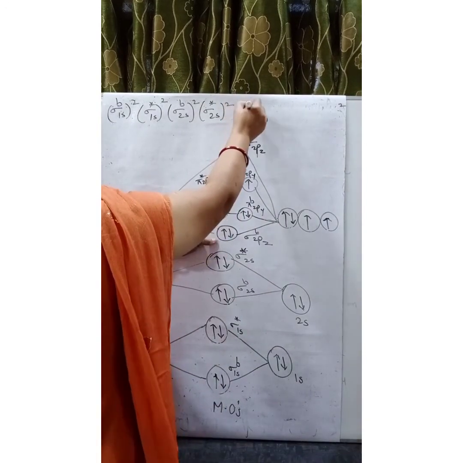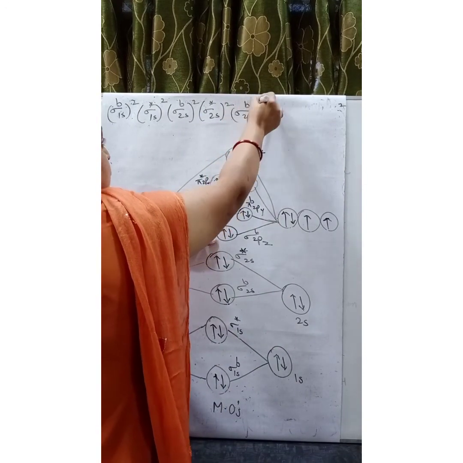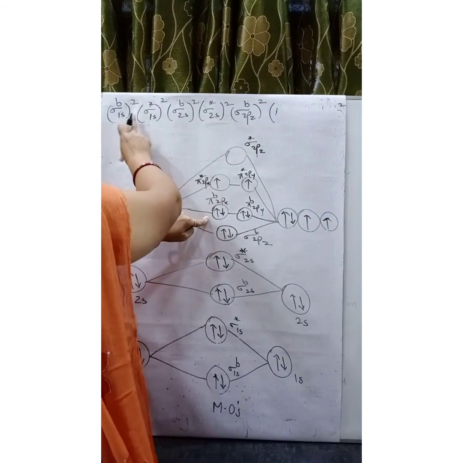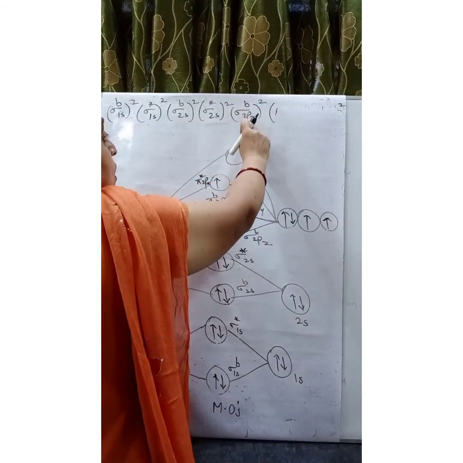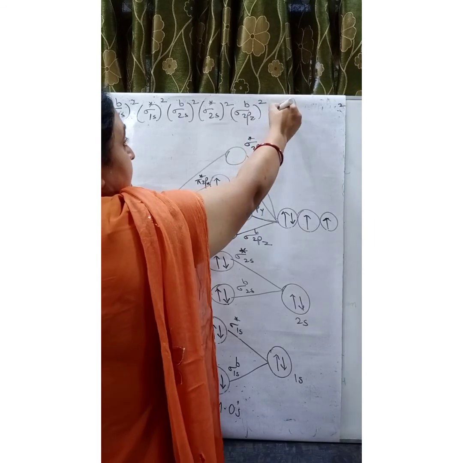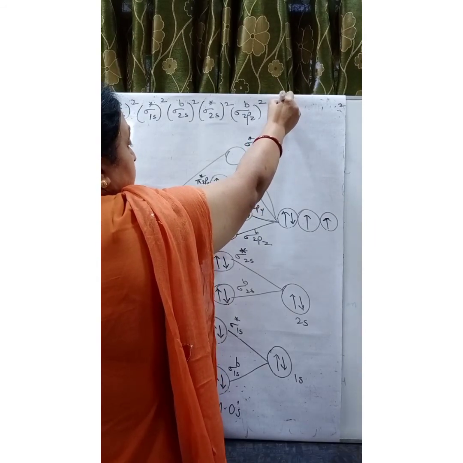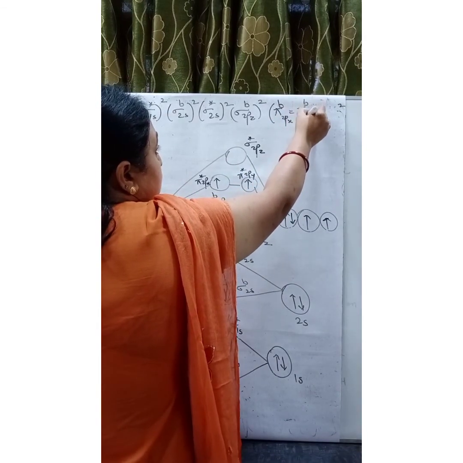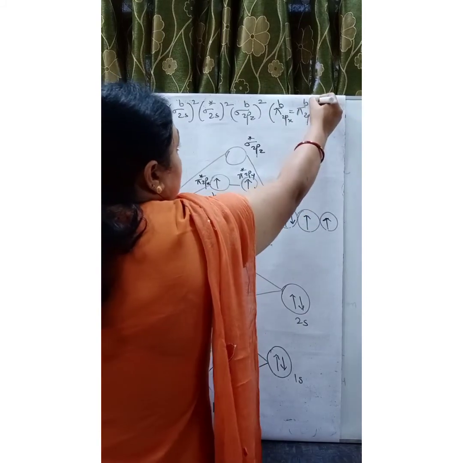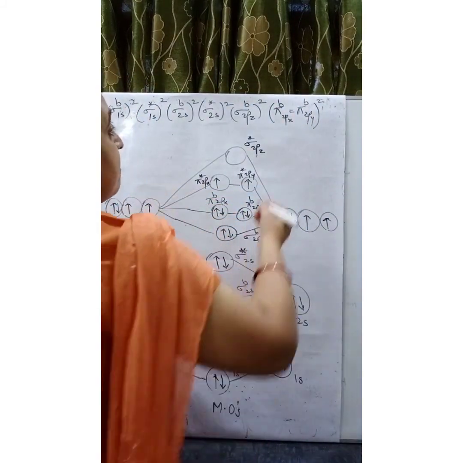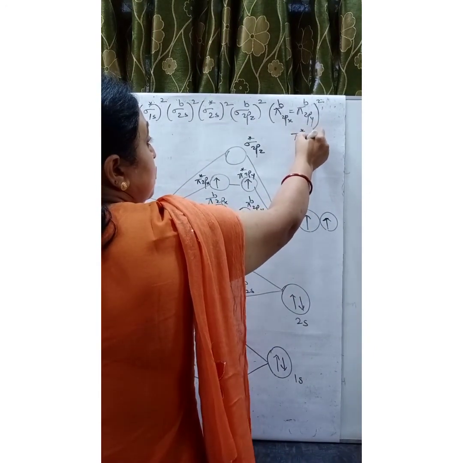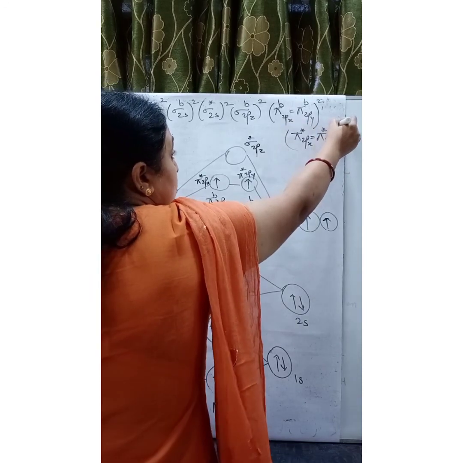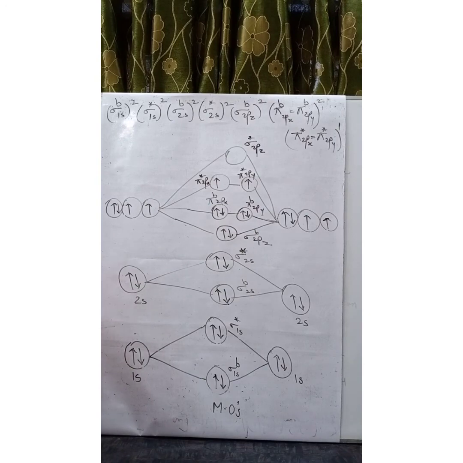Then sigma bonding 2pz comes first, with 2 electrons, and then we are having pi bonding 2px equal to pi bonding 2py, and both are having 2 electrons, and then we are having pi anti-bonding 2px equal to pi anti-bonding 2py, and both are having 1 electron. So this is the electronic configuration.